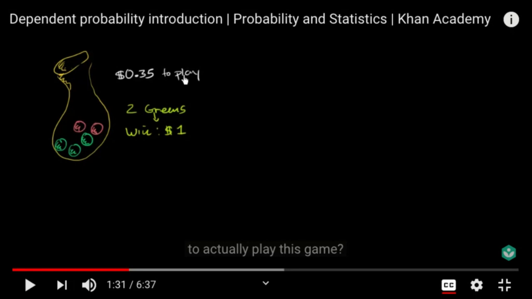Because 50% may not be enough to win. And you say that because why? What is that similar to? What's the 50% similar to? Flipping a coin, right? Because it's 50% you're going to get heads and 50% you're going to get tails. So if you think that 50% is not very high on the second one, then you may not want to spend the 35 cents.